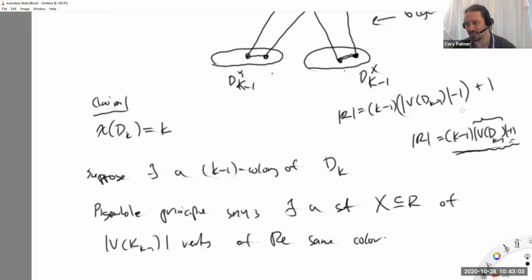That's the appropriate number for Pigeonhole. If each color class is of size at most this, with this many colors, but I have +1 at the end, there definitely exists one color class of that size above. Whatever, what I put is bigger, so that guarantees it too, but I only need that many vertices up top. So there's definitely a set of vertices above that are all of the same color.